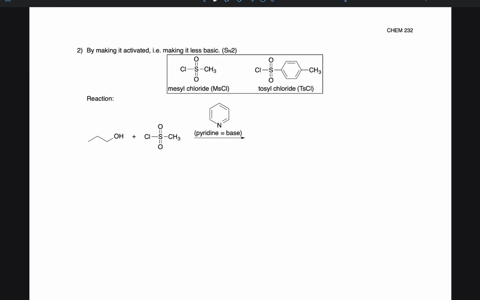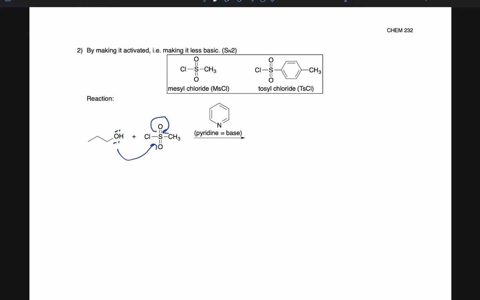Another way is something we've already talked about back in the chapter 10 videos: having our alcohols attack these really good leaving groups, or making the alcohol a really good leaving group, in this very simple sort of SN2 reaction where it attacks the sulfur.